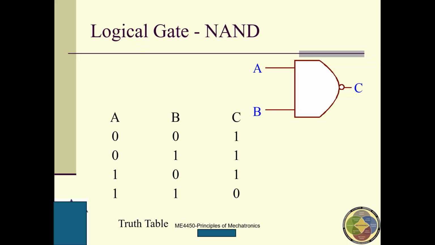So for this one, as long as one input equals 0, this output will be 1. And the output equals 0 only if these two inputs are equal to 1. The reason is that this gate is a combination of the AND gate and a NOT gate. So here the truth table is given.